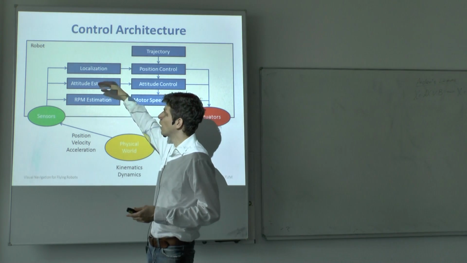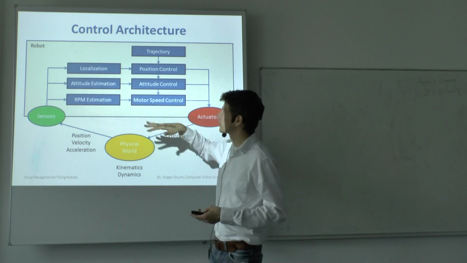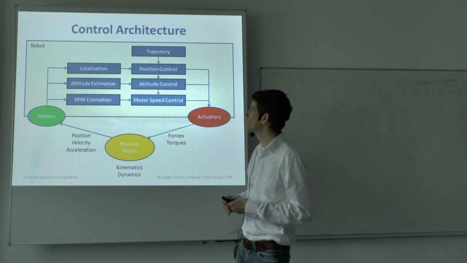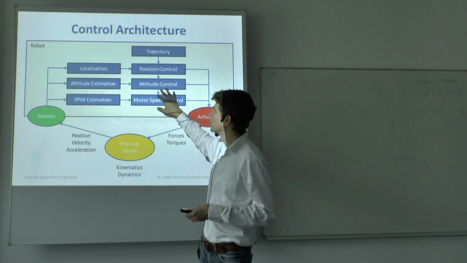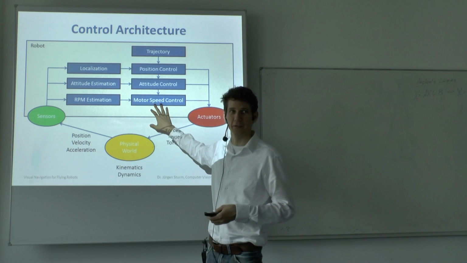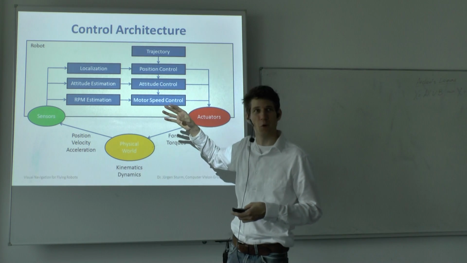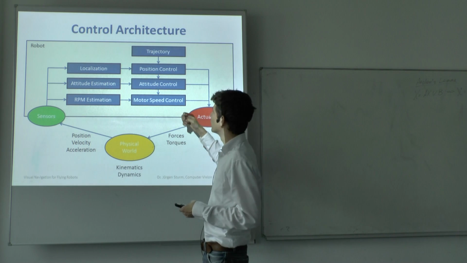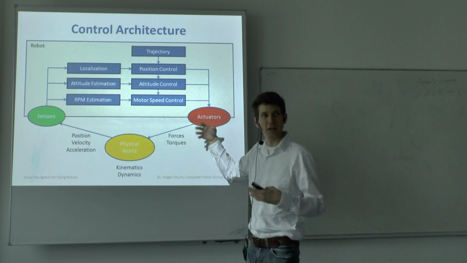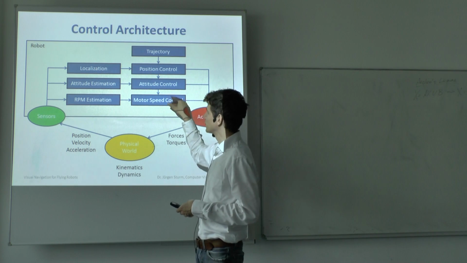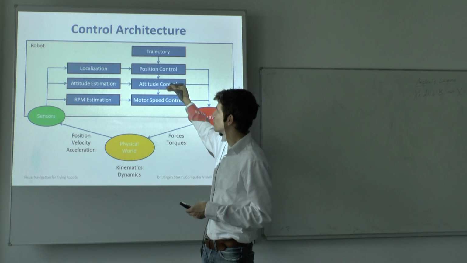On the next level above that, you have an attitude estimation that estimates the orientation of the quadrocopter, and then computes suitable motor speed values. But you can't directly tell a motor to achieve a certain motor speed, you have to do that indirectly via adjusting the voltages, or the motor phases. And this is why you need such a layered approach.